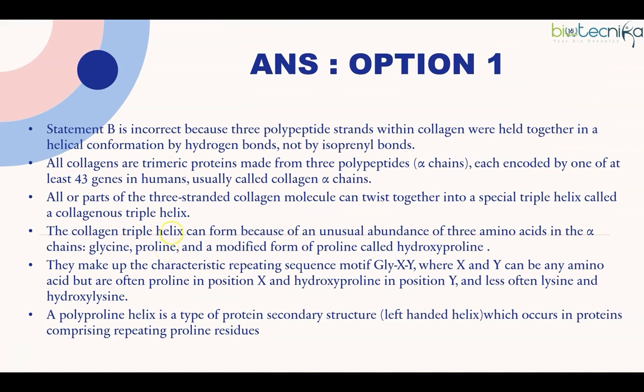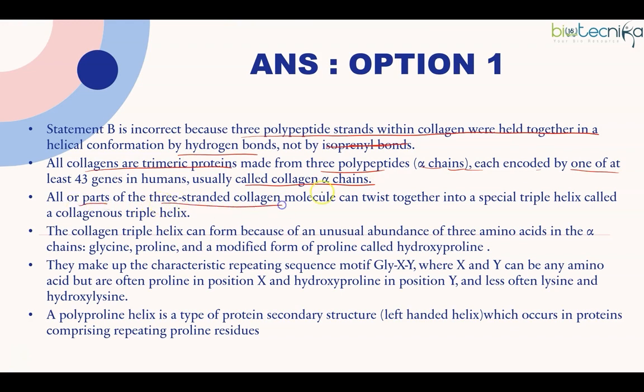As I mentioned, statement B is incorrect because the 3 polypeptides are held by hydrogen bonds, not by isoprenyl. All collagens are trimeric proteins made from 3 polypeptide alpha chains, usually called collagen alpha chains.